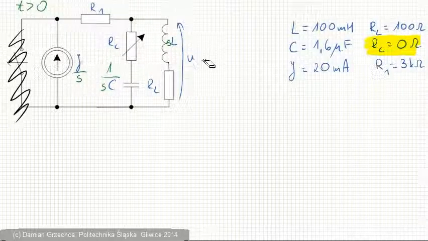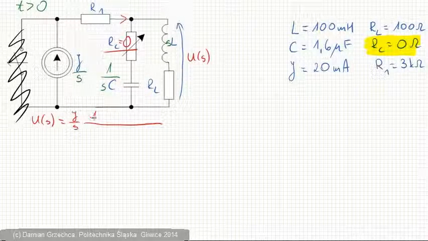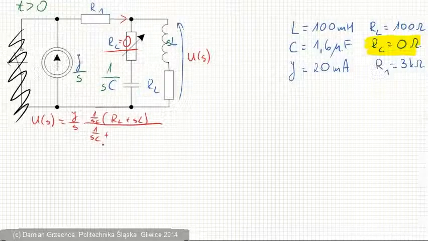For such a system, we calculate voltage U of S. Based on Ohm's law, the voltage U of S is the current flowing through the parallel branches, J over S, times the numerator: RC is 0, 1 over SC times RL plus SL, over the denominator: 1 over SC plus RL plus SL.